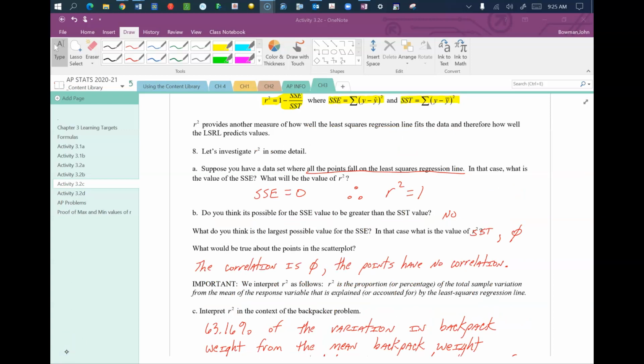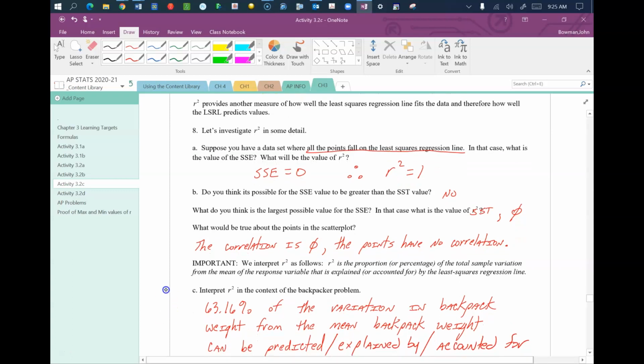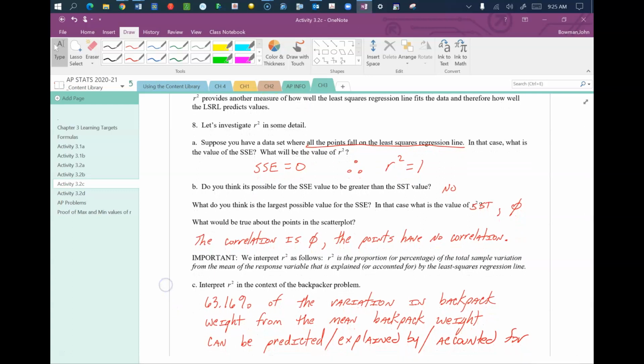There's one other way that you can find R squared, and that would be by taking the correlation coefficient and squaring it. So what I'd like to do now is finish up by taking a look at some examples in detail. Suppose you have a data set where all the points fall on the least squares regression line. In that case, what is the value of the sum of the squared errors, or sum of the squared deviations from the line of best fit?